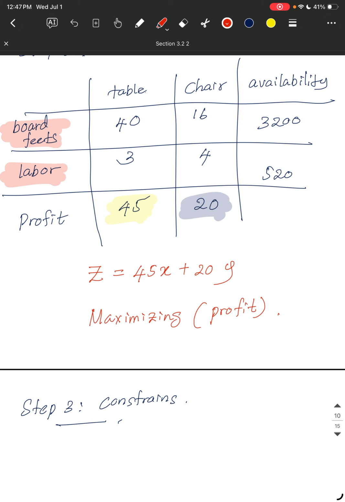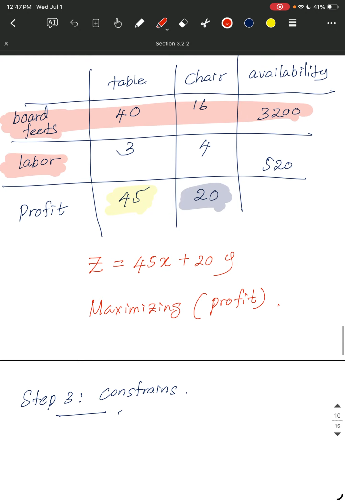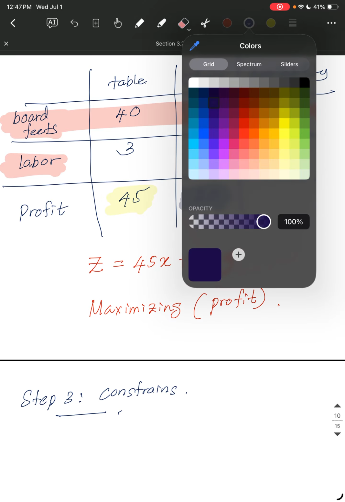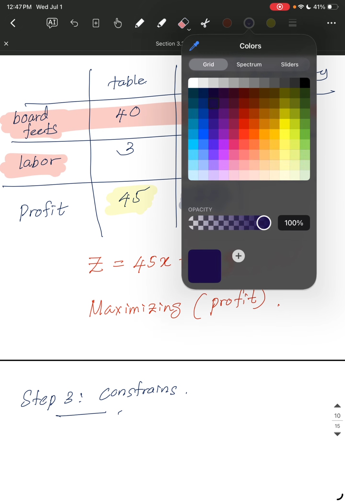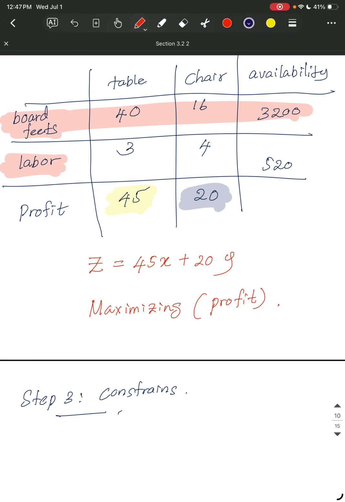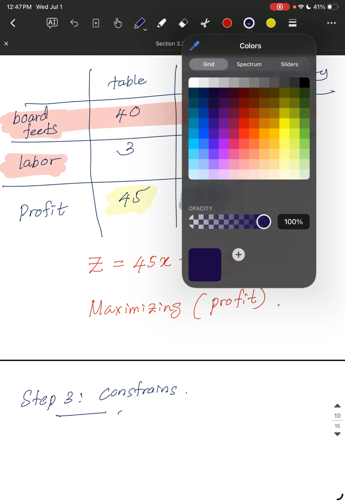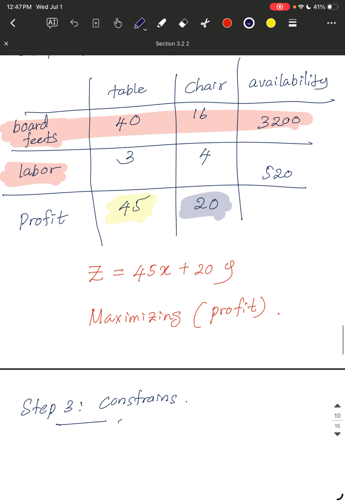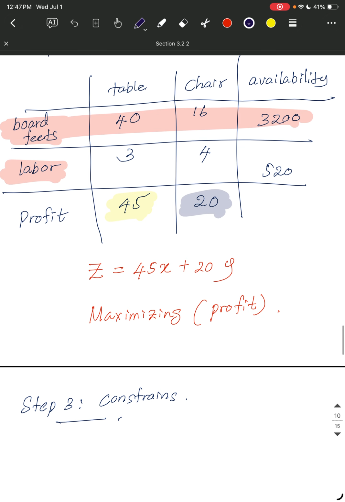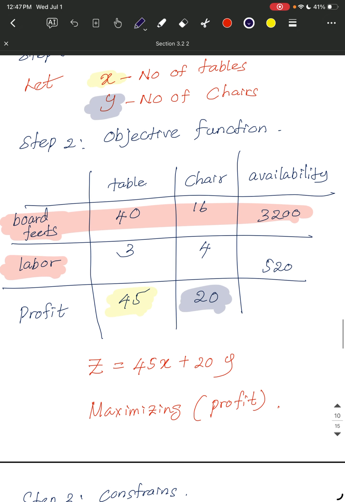So, let's see the first row of the table. It says 40 board feet per table, 16 board feet per chair and total availability 3,200. So now we know the number of tables and chairs.